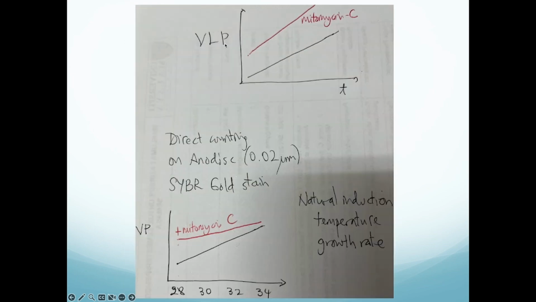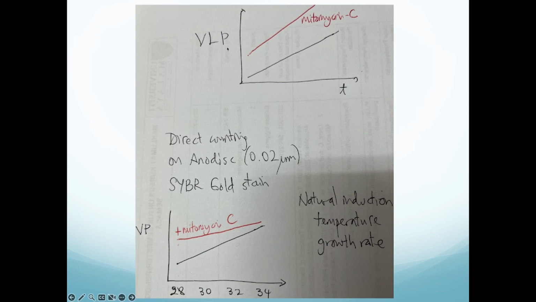Here we can count the virus-like particles by direct counting on Anodisc. Anodisc is about 0.02 micron pore size, and stain with the SYBR Gold fluorochrome stain.